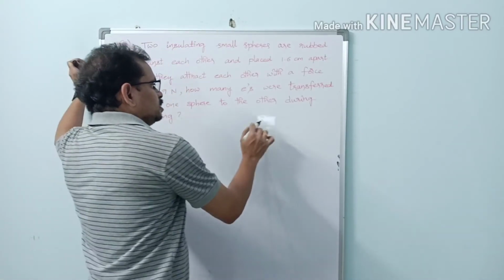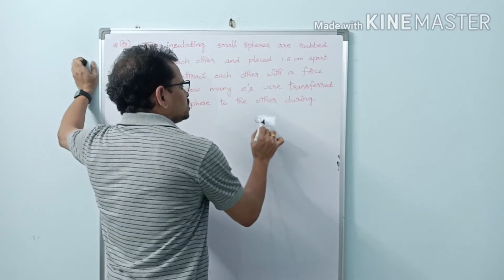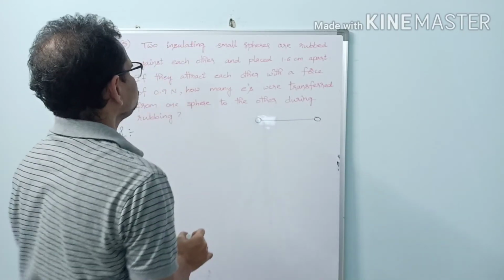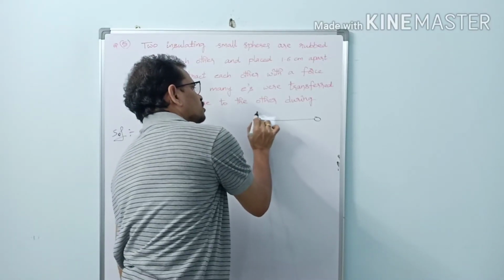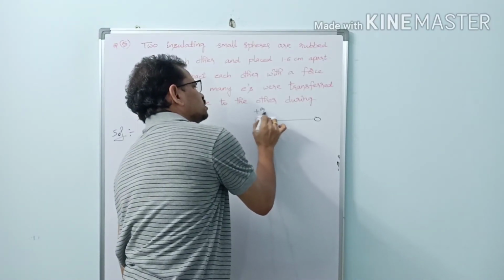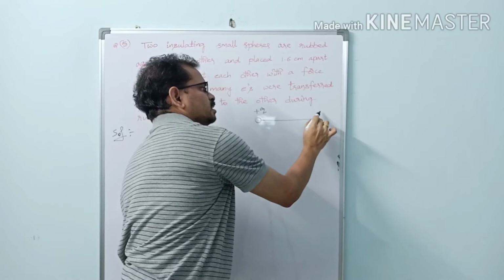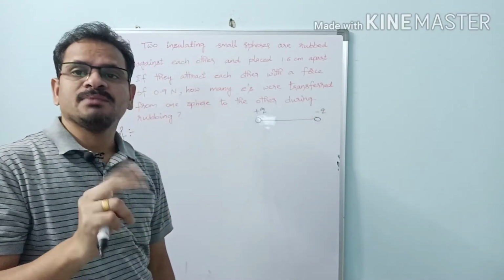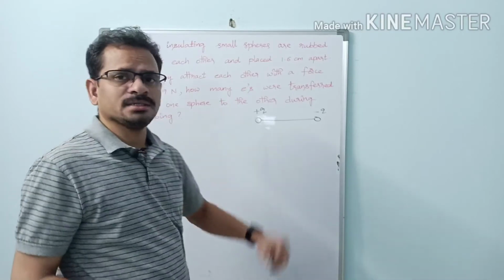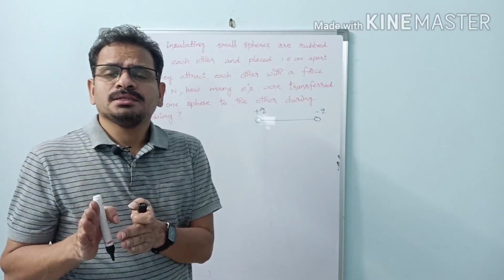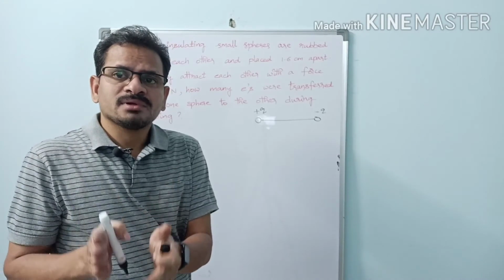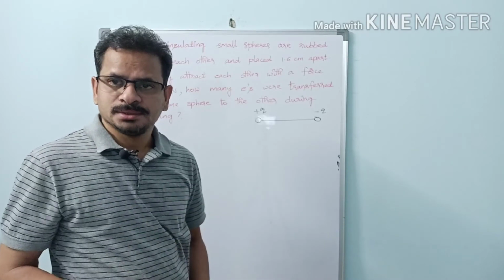Okay, let us check here. After rubbing, the bodies are placed at some distance of separation. One body acquires positive charge, let us suppose it is plus q, and the other body acquires negative charge. The charges will be the same on the two bodies, because the number of electrons lost by one body is gained by the second body.